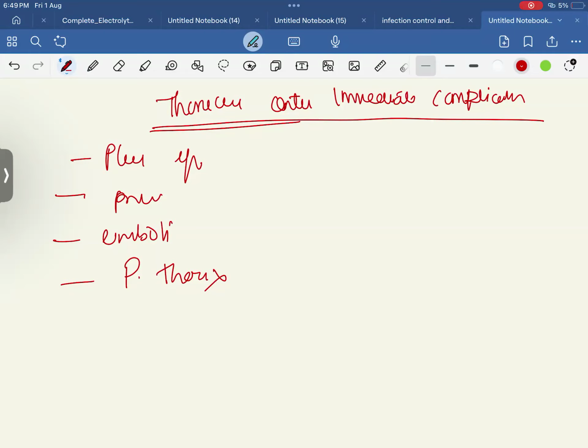What do you think can be the immediate complication? I think, ma'am, pleural effusion. What is pleural effusion? Accumulation of fluid in the pleural space. So you're removing it, so why do you think that it can be a complication? Removing fluid. Think something else.